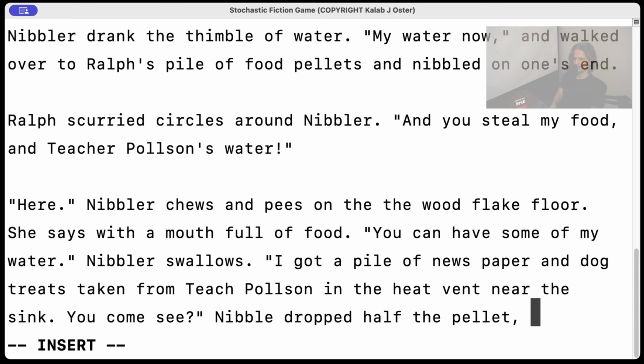I think that's what's gonna happen. I mean, I can have it. I got 33 minutes left. I can get this done. Teacher Polson will come into the room. The mouse will scatter, leave, and the other mouse will stay. And then Teacher Polson will take the mouse and put it in the python's cage, and it'll get ate.